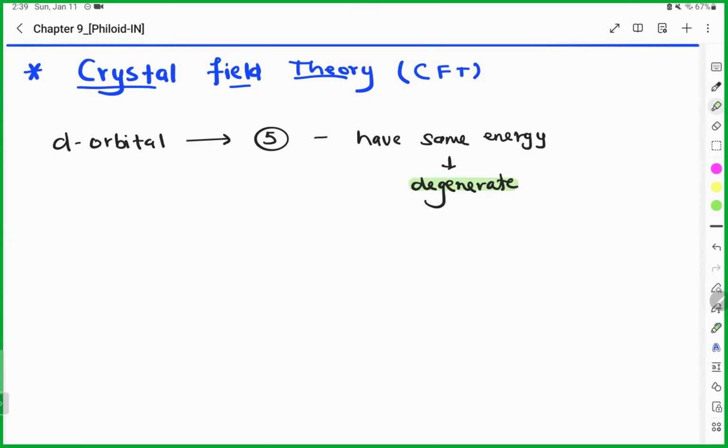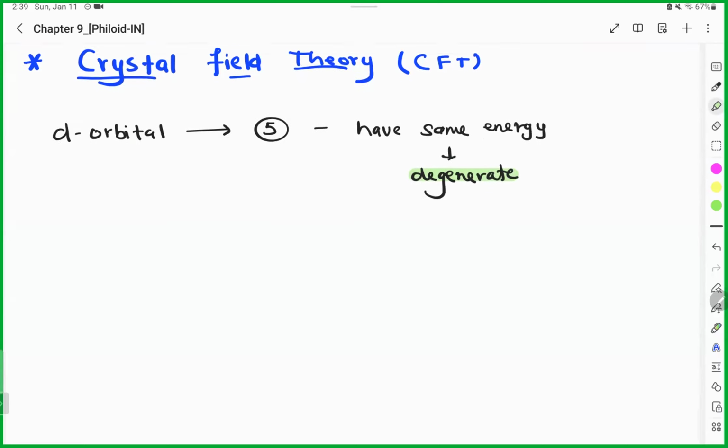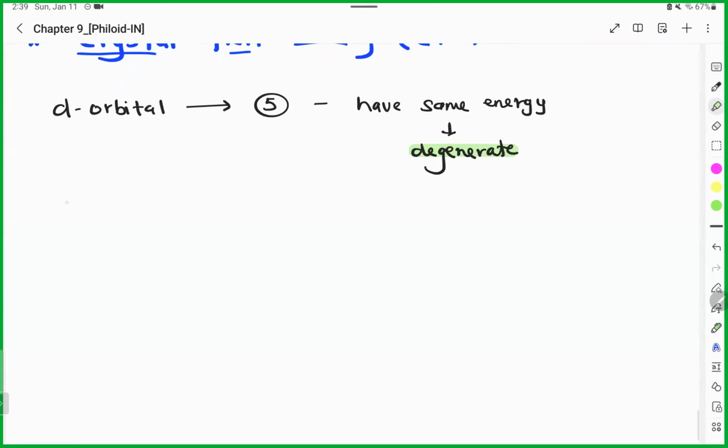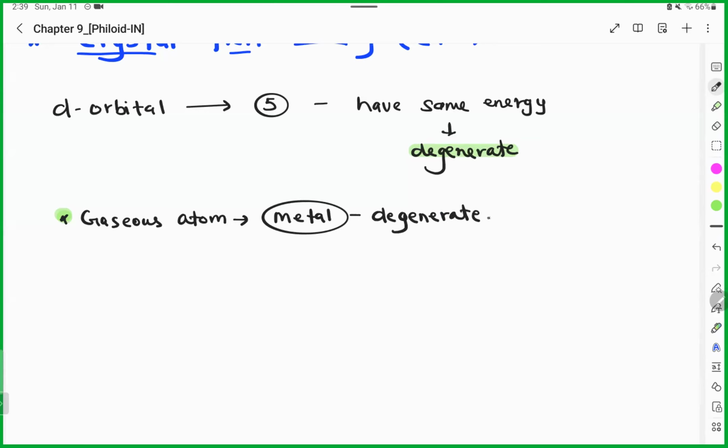Second, for example, if you have a gaseous atom, an individual atom, only metal, it will be degenerate because there is no influence of any other element, only that particular element.